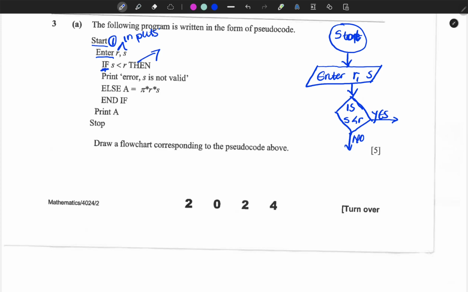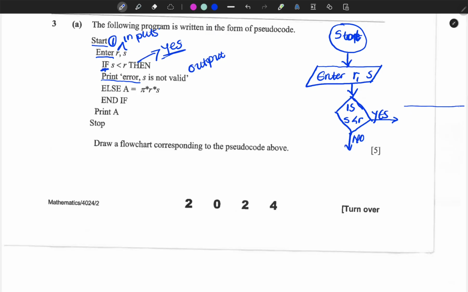Then this represents yes. After yes, we write print error, S is not valid. This is now the output, and the output is also written in a parallelogram.